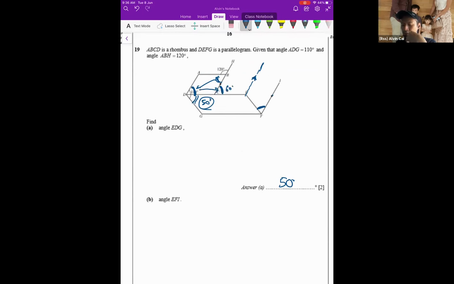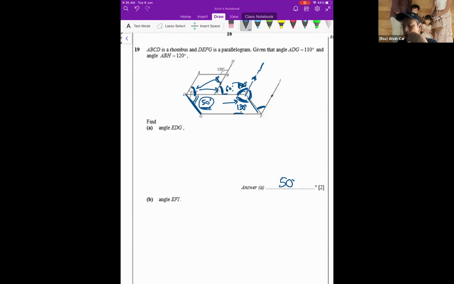So this is 60. After you got this, you can find this angle. After you got this angle, we need to find this angle and this angle. So we need to find this angle first by using this parallel line. This is actually 130. So this is 120, we have 60 here, this 120.